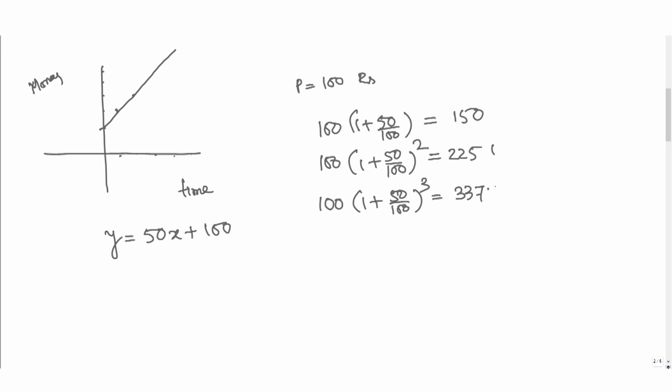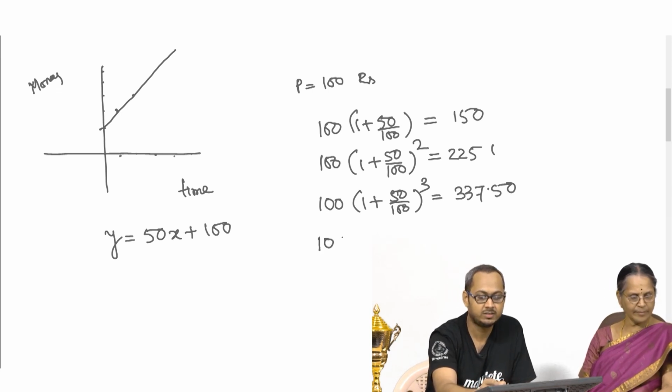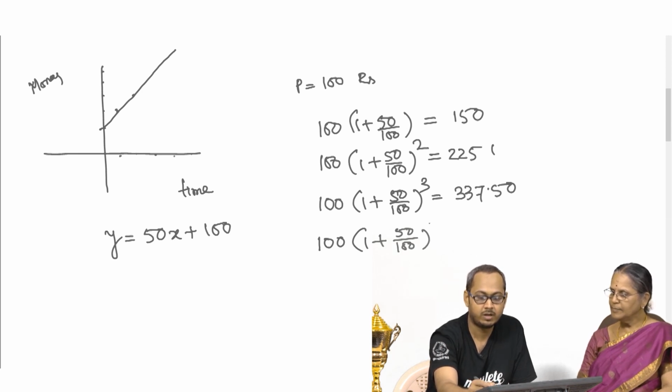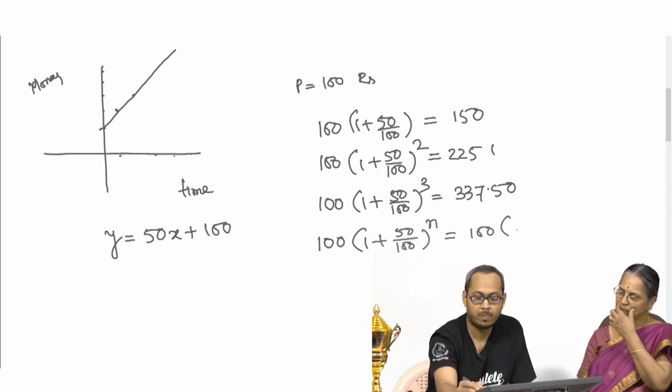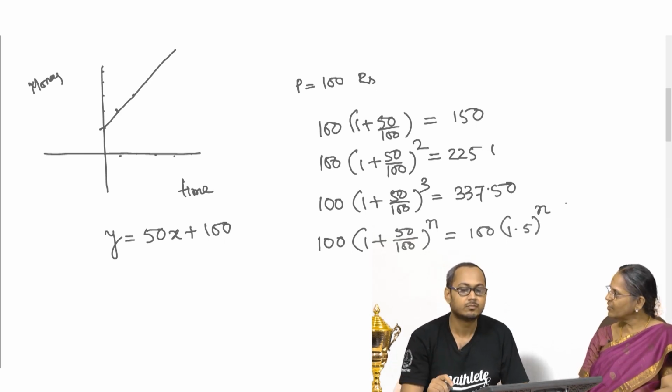So in general, after n years, the amount should be 100 into 1 plus 50 by 100 power n, or I can write it as 100 into 1.5 power n. What is its trajectory?